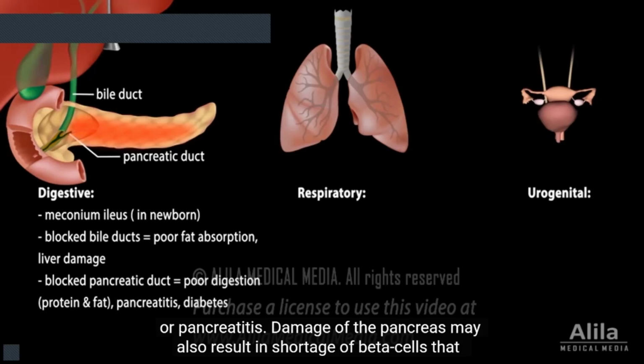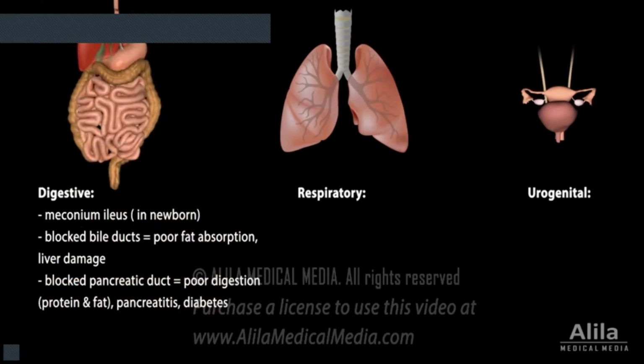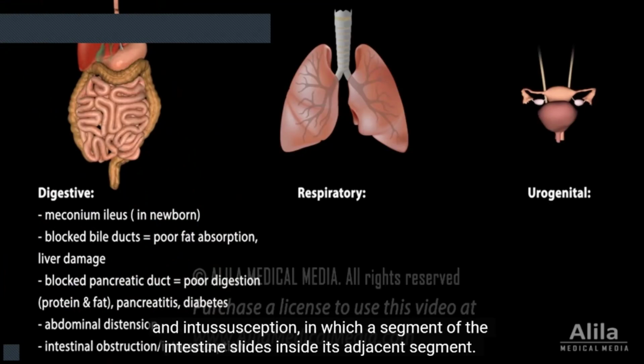Damage of the pancreas may also result in shortage of beta cells that produce insulin, causing insulin-dependent diabetes, a very common complication. Other digestive symptoms include abdominal distension, intestinal obstruction, and intussusception, in which a segment of the intestine slides into its adjacent segment.